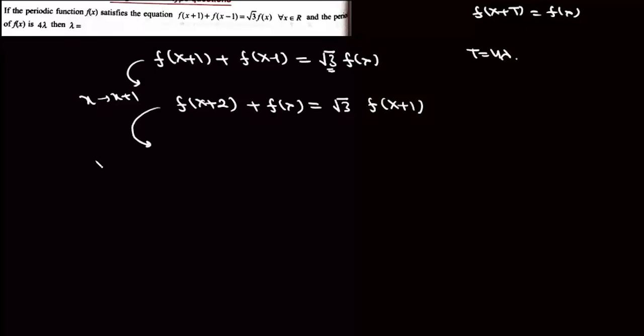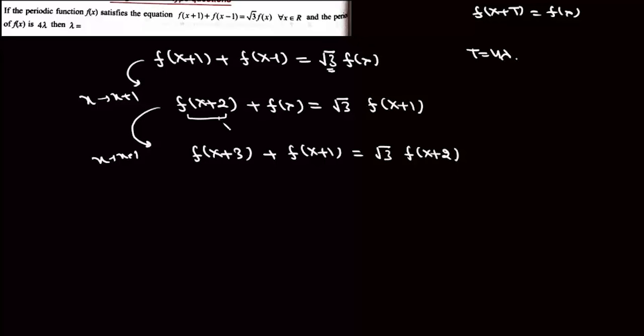And again, we'll replace x with x+1. So we get f(x+3) + f(x+1) will be √3 f(x+2). Now here we'll put the value of f(x+2) in this equation.